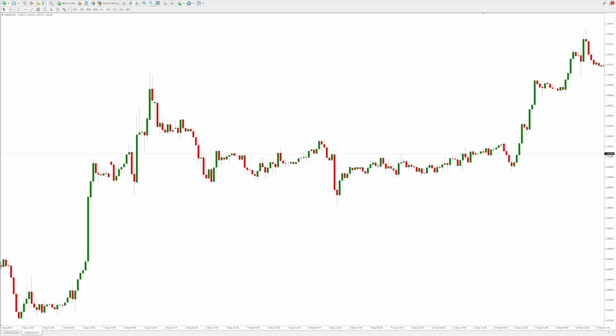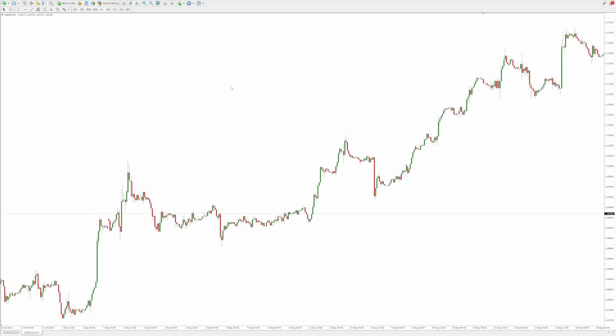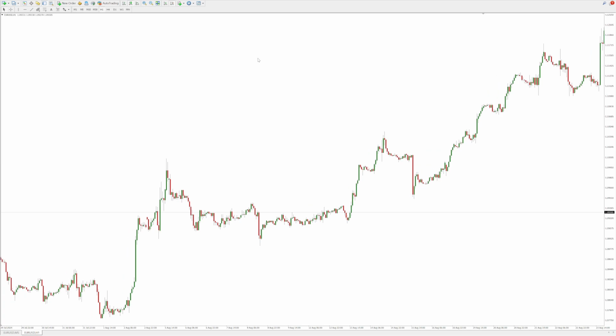So the cup and handle pattern basically does what it says. You're going to look for a scenario on your charts where candlesticks form a cup with a handle. I'll show you what I mean now.